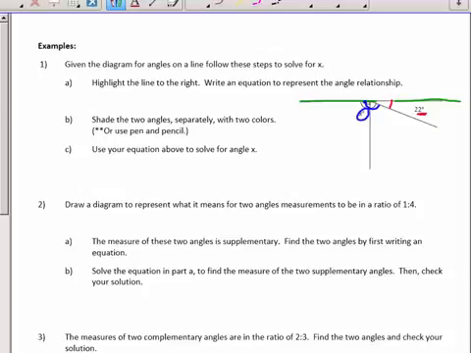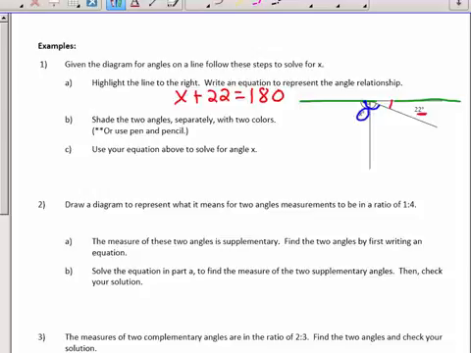So I can write that as an equation because I know they're adjacent, next to each other, that means they have to add. They're adding to make a straight line, and a straight line is 180 degrees. So x plus 22 has to equal 180 degrees.